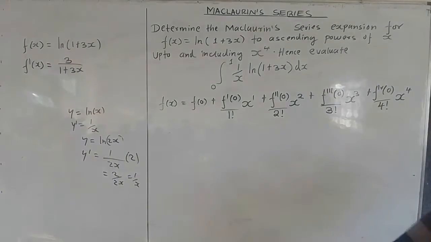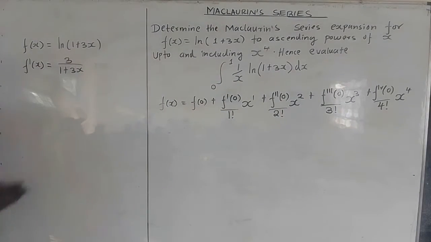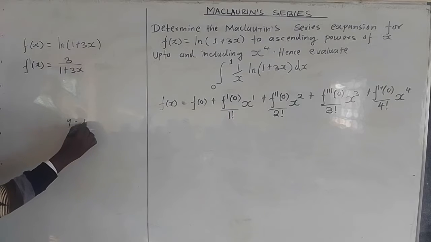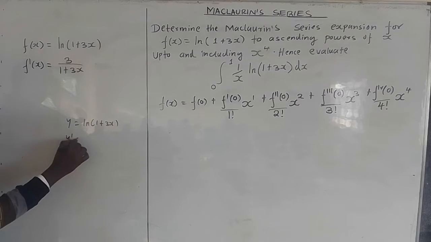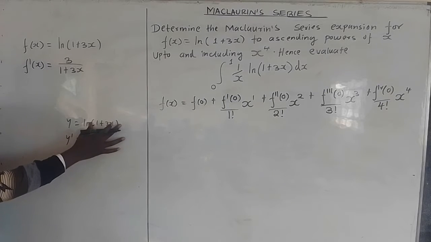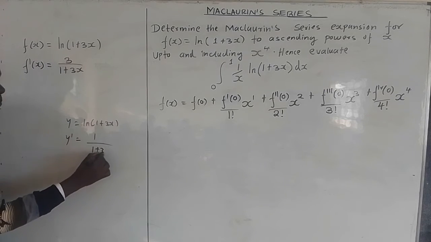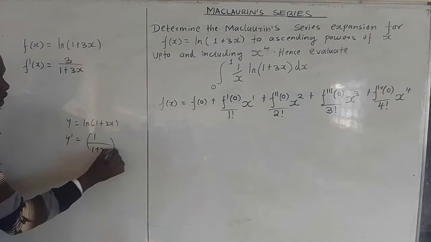So in this case, we had maybe y to be ln of 1 plus 3x. So if you differentiate y, it is 1 over what is inside ln. The natural logarithm, what is inside is 1 plus 3x. You differentiated the outer function. That is when you now differentiate the inner function.